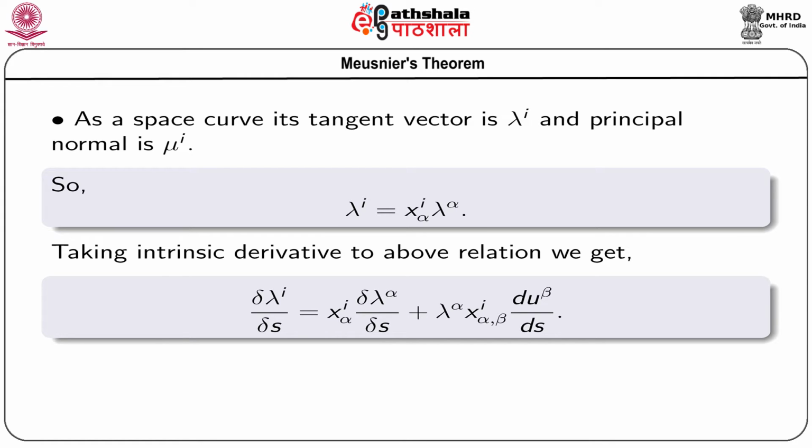Now, the intrinsic derivative of xi alpha is xi alpha comma beta du beta ds. That means, we have considered the tensor derivative of xi alpha with respect to beta, and then the inner product has been done with du beta ds.